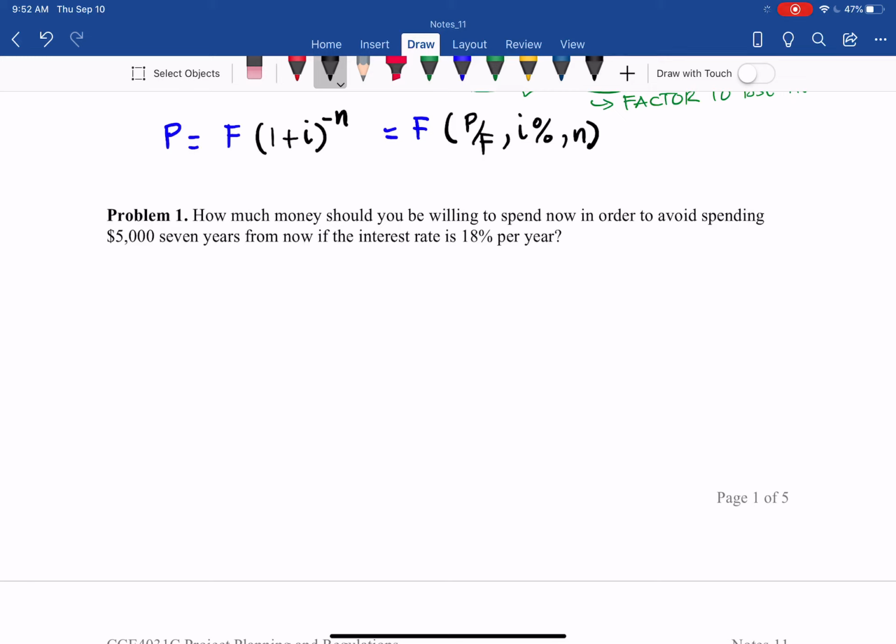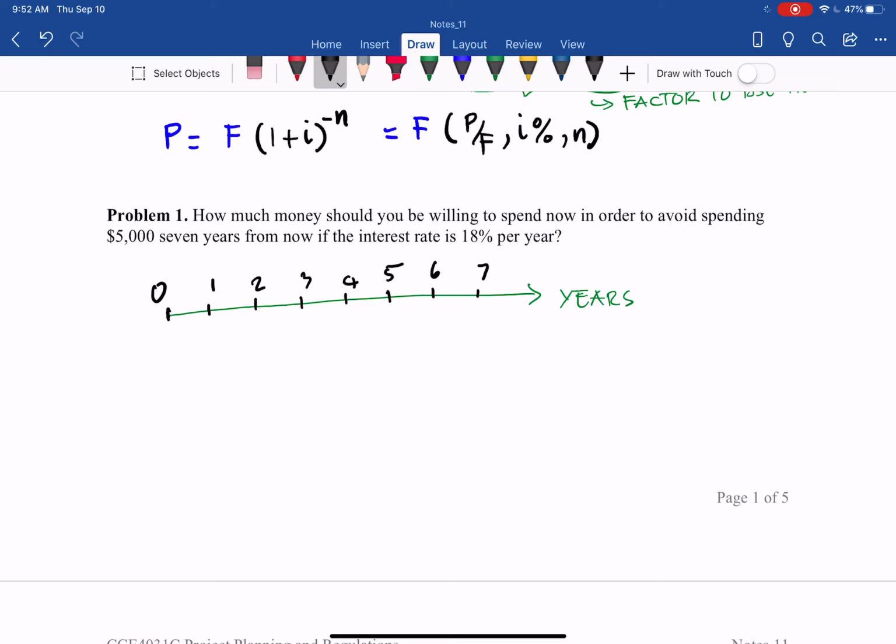So it's good to draw a cash flow diagram. So this is years, and now 0, 1, 2, 3, 4, 5, 6, 7.